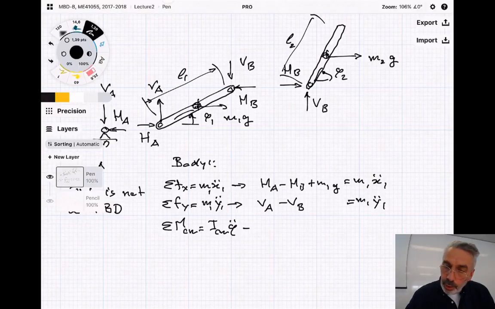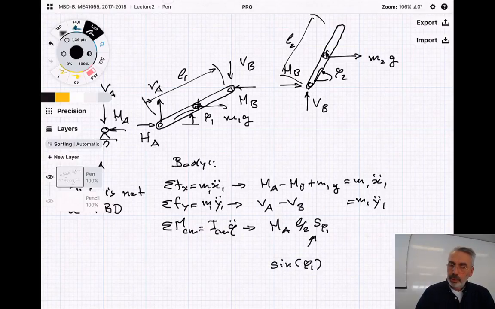So I have HA times L over 2 times sine phi 1. And this is a shorthand notation because I hate to write this.